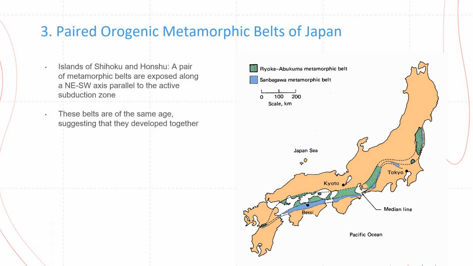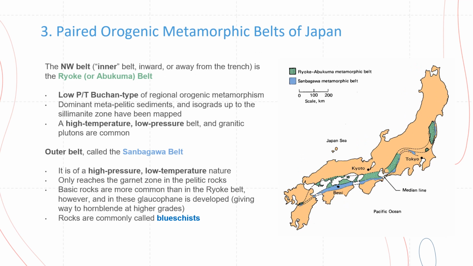So that sort of indicates that they developed together. So here in green, we have the Ryoke-Abukuma metamorphic belt, and in blue, we have the Sambagawa metamorphic belt. So the northwest belt, or the inner belt, inward away from the trench, is the Ryoke, or the Abukuma belt.